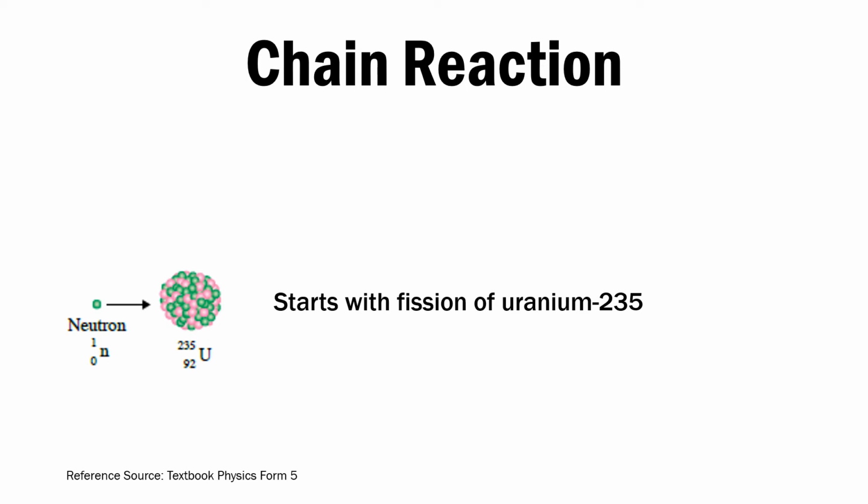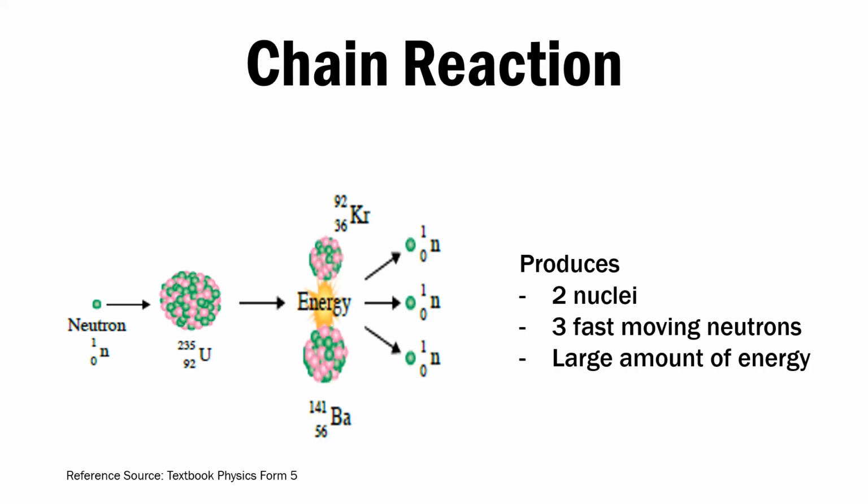Here, the process starts with typical fission of uranium-235. Uranium-235 is attacked by a neutron, then it undergoes a splitting process and produces two nuclei, which are krypton and barium, three fast-moving neutrons, and a large amount of energy.